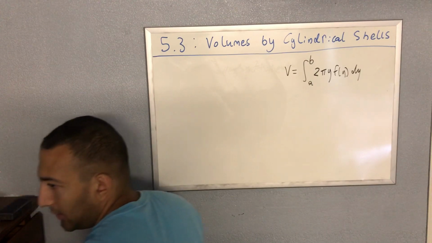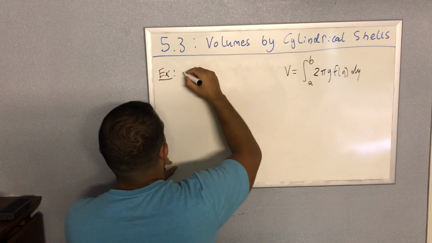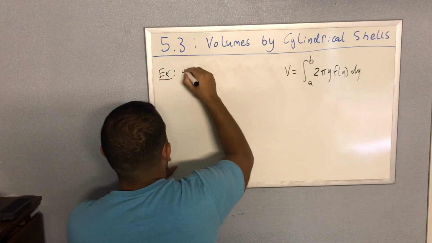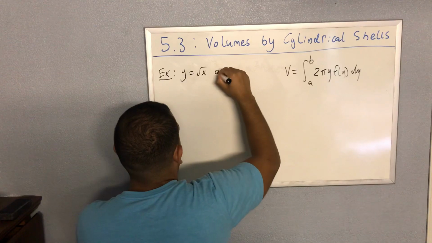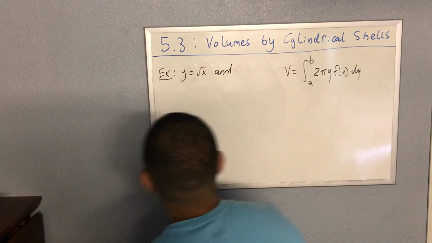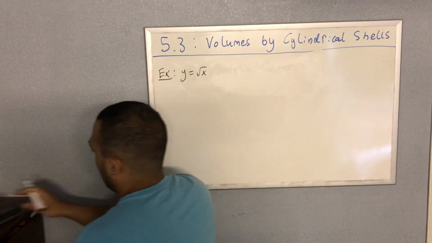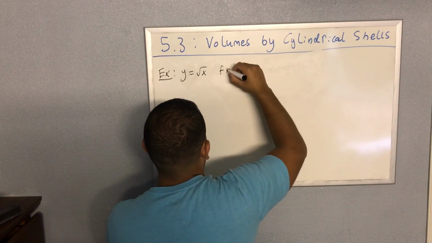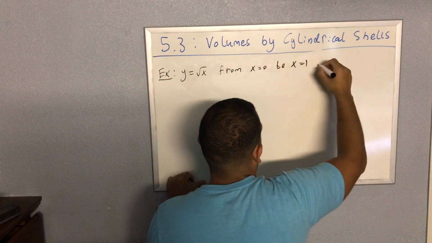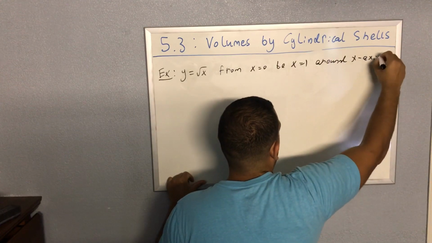So we're going to take root x, let's say y equals root x. So that function from 0 to 1 around the x-axis.